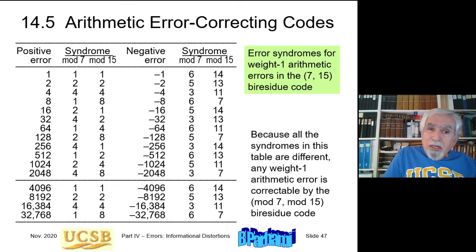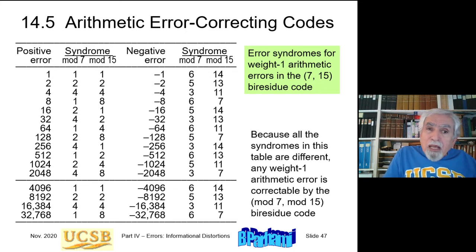Remember, when we talk about single arithmetic error, we mean the addition of a power of 2 or the subtraction of a power of 2. So single arithmetic errors for these 12 bits of data can add 2 to the 0, 2 to the 1, 2 to the 2, all the way to the power 11, or can subtract 2 to the 0, 2 to the 1, up to 2 to the 11 from the code word.